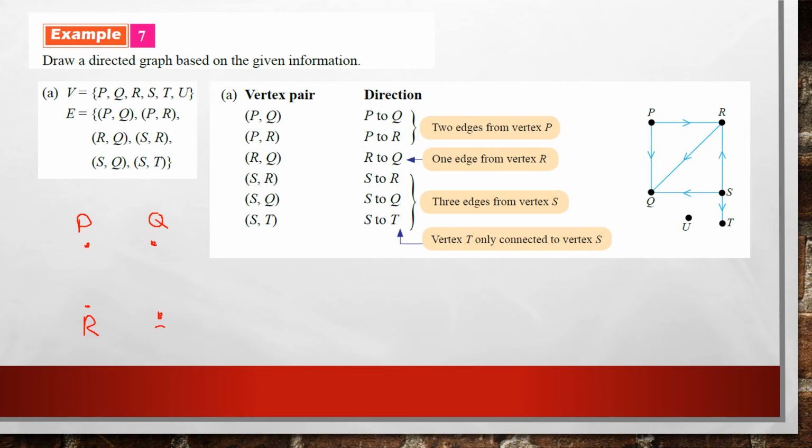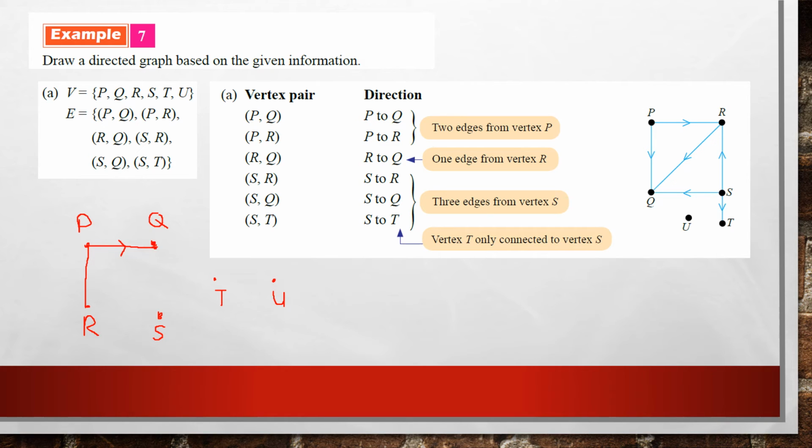That means the total vertices that you have are P, Q, R, S, T, and U. Now you draw the edge. After you mark the vertices, you draw the edge PQ. Then you draw the arrow, PQ. Start from P, ends at Q.